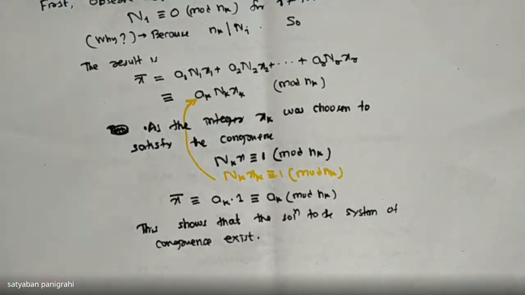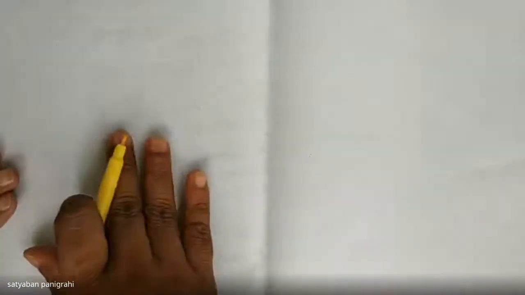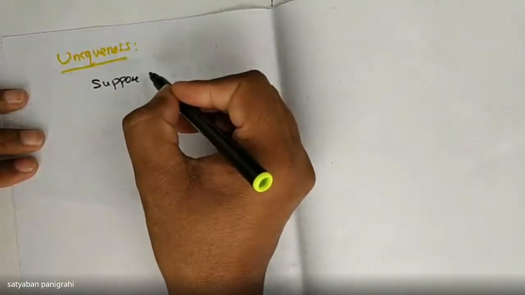Now next part, we will prove the uniqueness. So for uniqueness, next we go for the uniqueness part. Now for uniqueness, suppose there exists another solution.